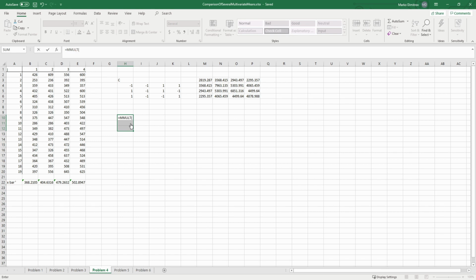Let's compute the matrix multiplication. So we want Cx. So Cx would be C times the x-bar, 3 times 1, then transposed, because it is the transpose of a transpose. Then we need the inverse, the multiplication of C times S times C transposed.